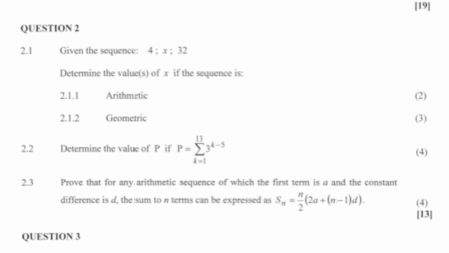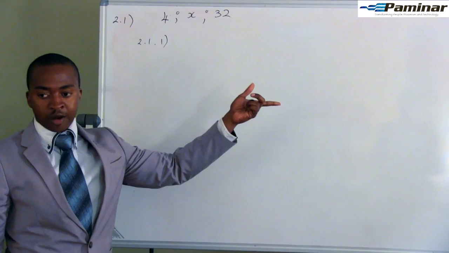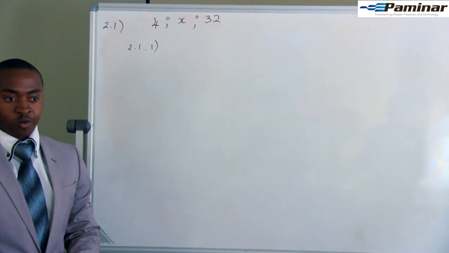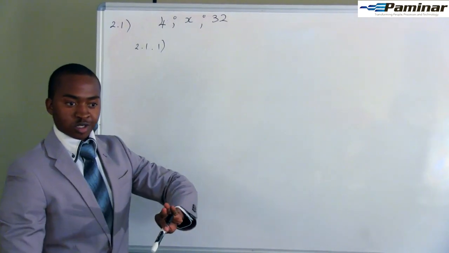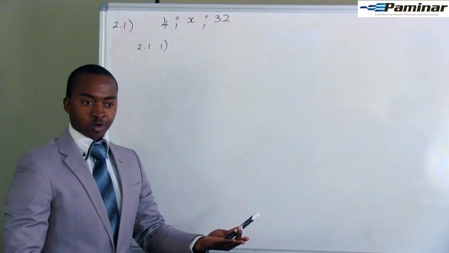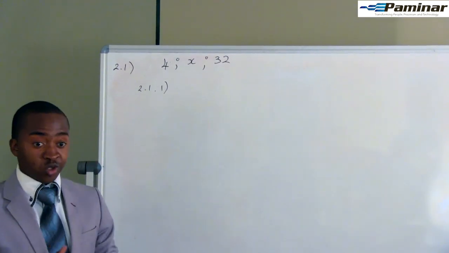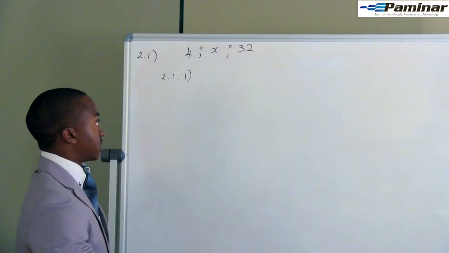First question is to determine the value of x if the sequence is arithmetic. What do you know about arithmetic equations? What's the difference between arithmetic equations and geometric equations? One, there's a common difference. The other, there's a common ratio. So we're going to use that knowledge to solve these equations.